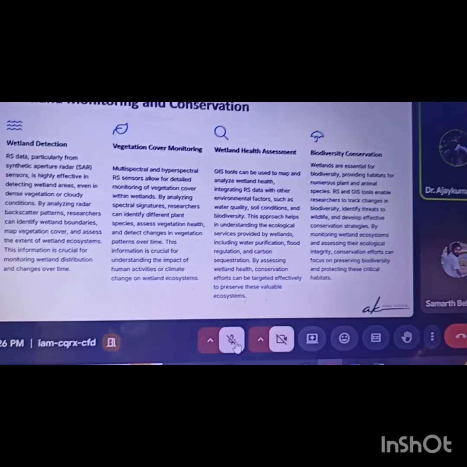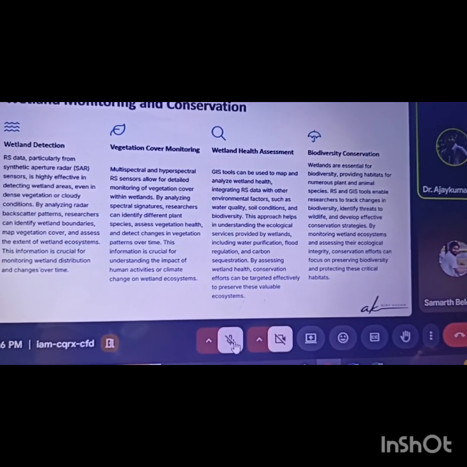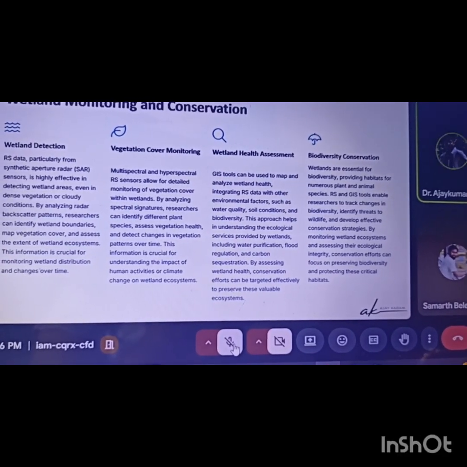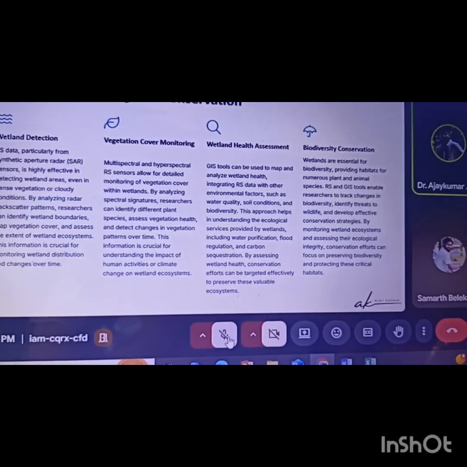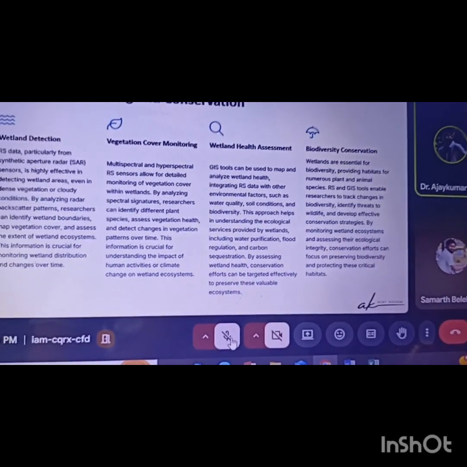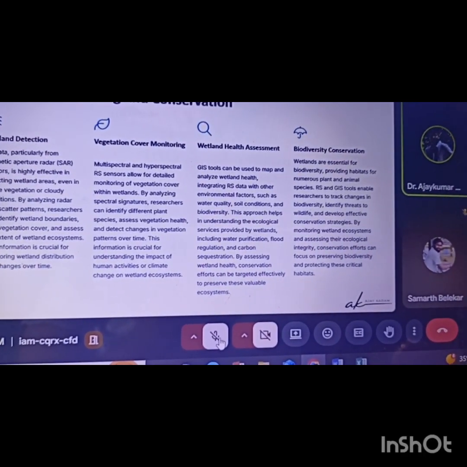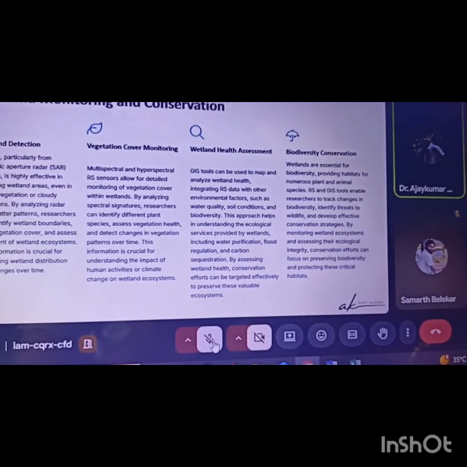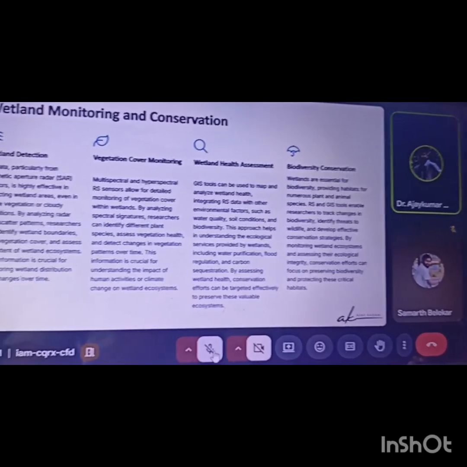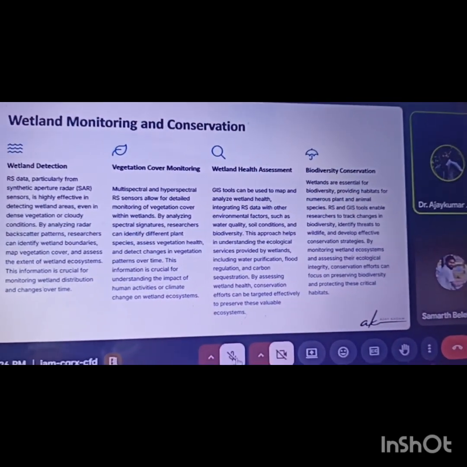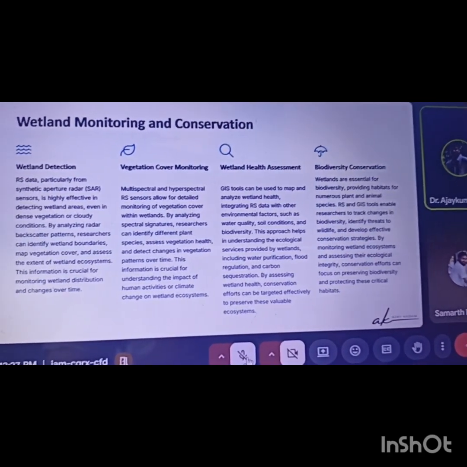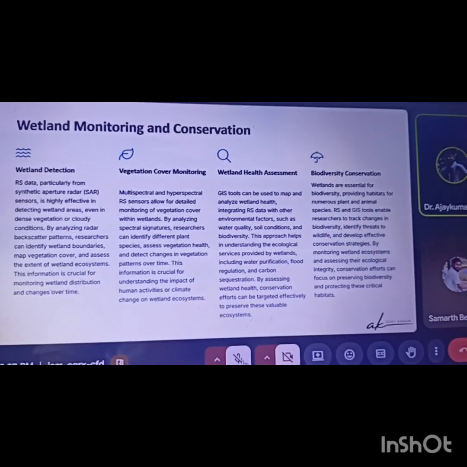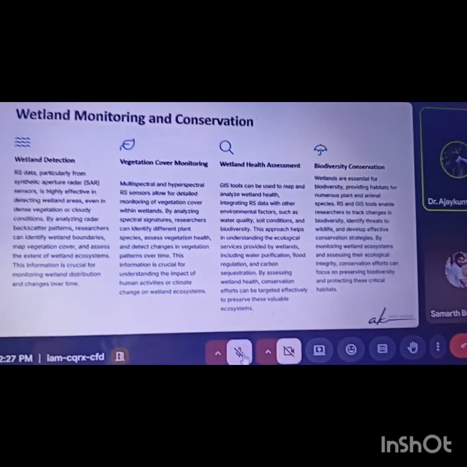Then, if you develop this wetland, health assessment like chlorophyll content, soil moisture and other things we can easily do with the help of GIS and remote sensing. Then biodiversity conservation: how the diversity and wildlife is present in that area, and how we can go for wildlife conservation.